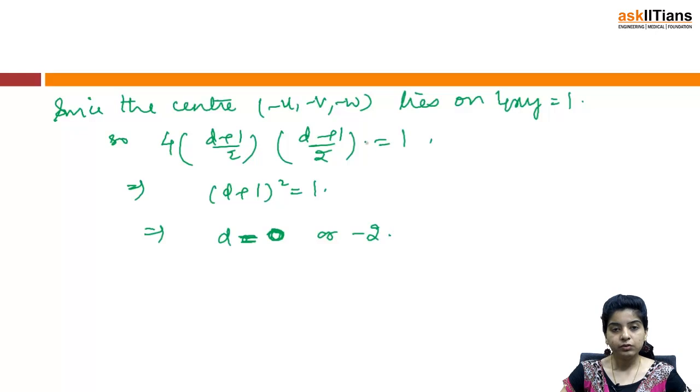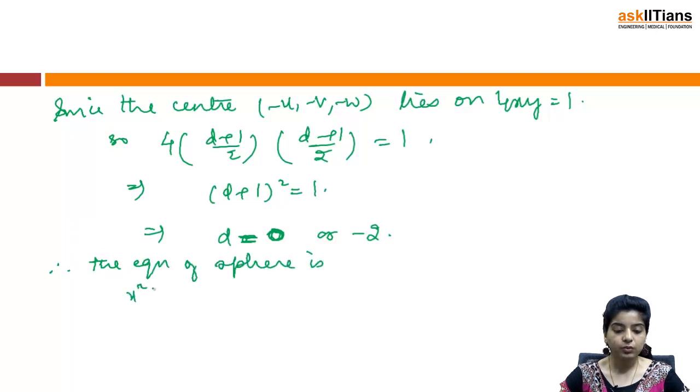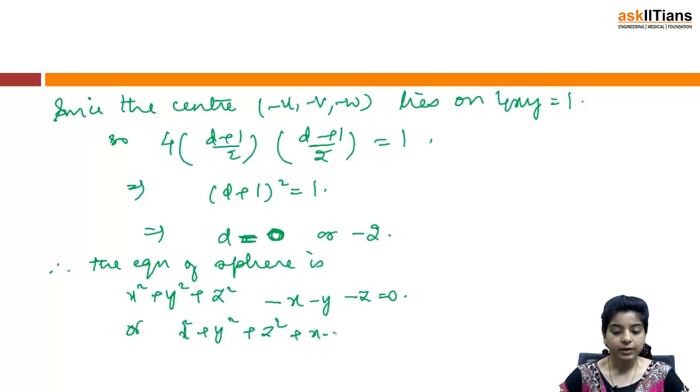You solve this, and using this condition we get d is either 0 or -2. Therefore, the equation of sphere is x² + y² + z² - x - y - z = 0, or x² + y² + z² + x + y + z - 2 = 0.